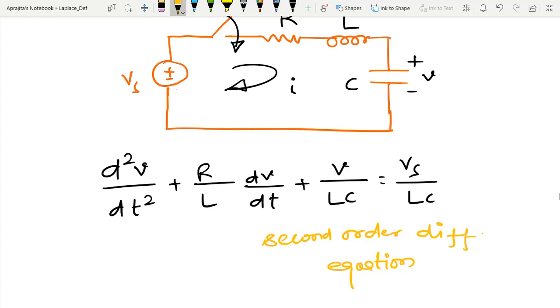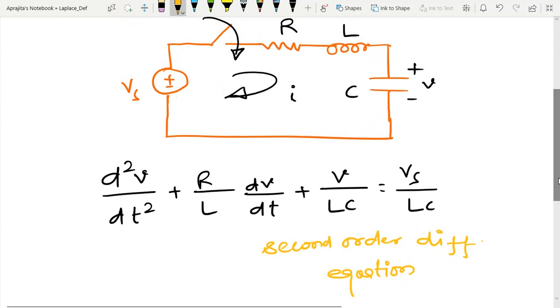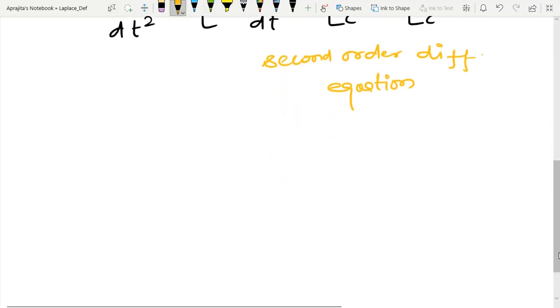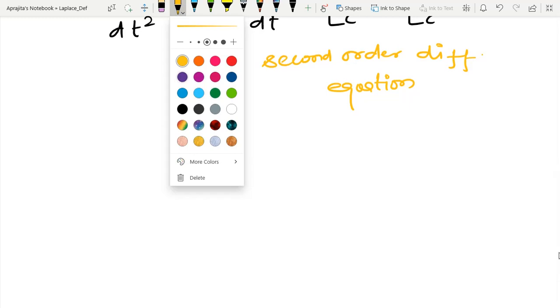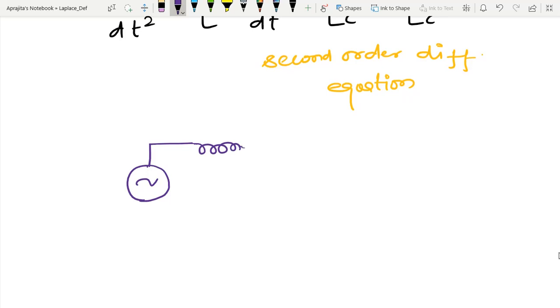After that, in second part of this course, we have replaced this particular voltage source and switch by some kind of forcing function, that is represented by some kind of AC, and after that again we have taken the same circuit.